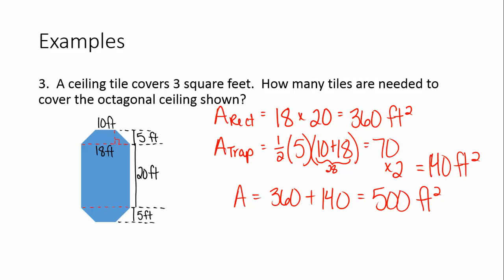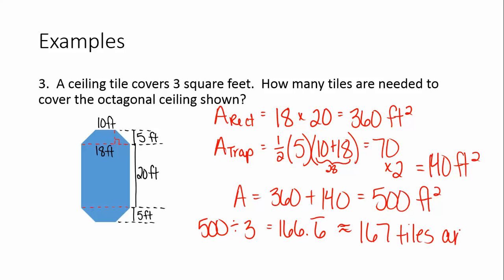So if we take 500 and we divide it by 3, that will give us roughly how many ceiling tiles we're going to need to cover the ceiling. And you get 166.6 repeating, and since we're going to assume we've got to buy the entire ceiling tile, we're going to change this to 167 tiles are needed.